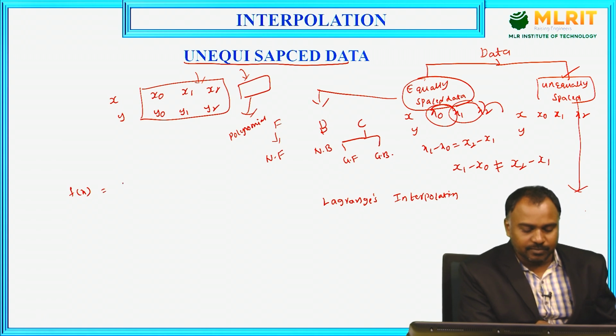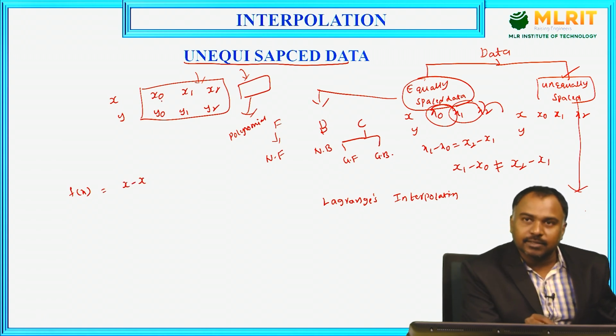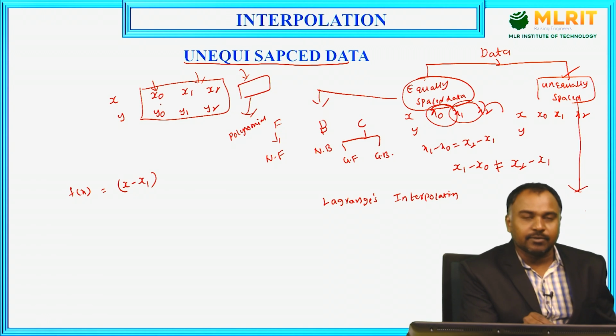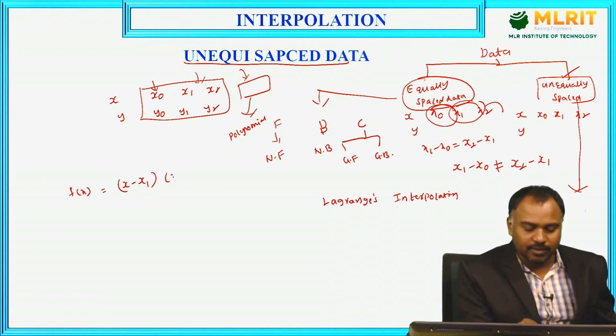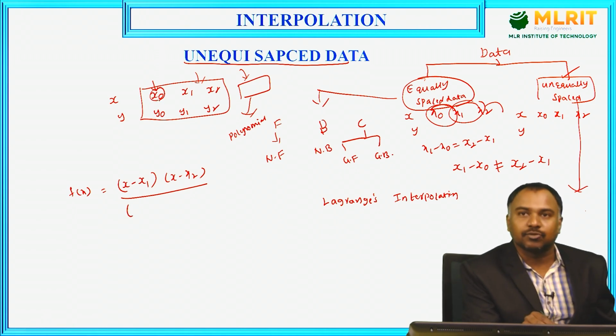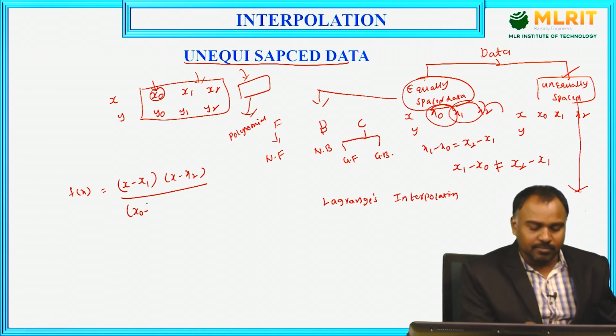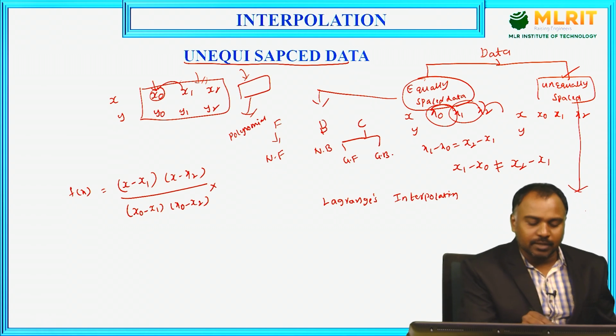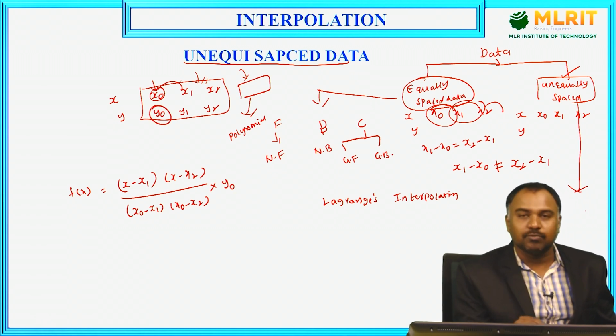The formula is: x minus, except x naught, the remaining values. The first term is related to x naught. Therefore, x minus x1, x minus x2, divided by the denominator, whatever we excluded in the numerator, that term minus the remaining terms: x naught minus x1, x naught minus x2, into the respective function value y naught.